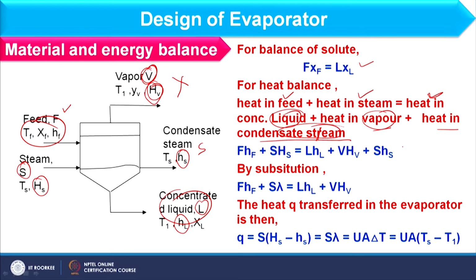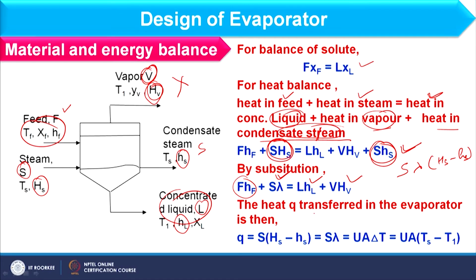In this way we make the balance and have all 5 terms. Now if I consider these together, we can simply write this as S into lambda, because lambda is equal to HS minus hs. So, here I am writing S lambda plus F HF should be equal to L HL plus V HV.